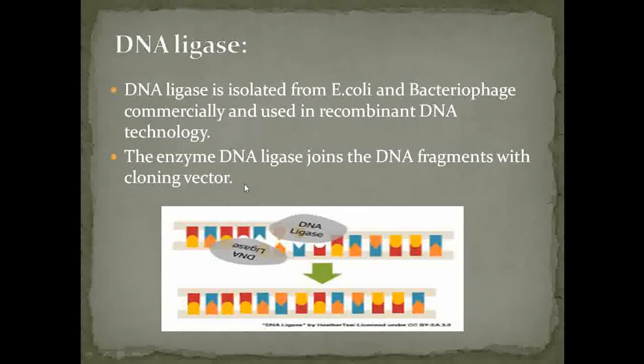Then the next and most important enzyme required in recombinant DNA technology is DNA ligase. By using the restriction endonuclease, we cut the DNA as well as the vector. But for rejoining them, we require a molecular glue, and that molecular glue is nothing but DNA ligase.